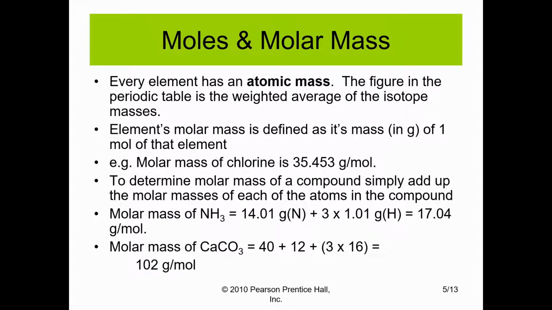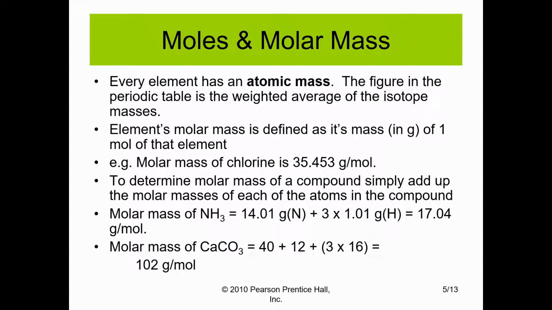So for example, if we're going to look at chlorine, the molar mass is 35.45 grams per mole. This means that if we have 1 mole of chlorine atoms, so that's 6.02 times 10 to the 23rd chlorine atoms, they're going to weigh a total of 35.453 grams.